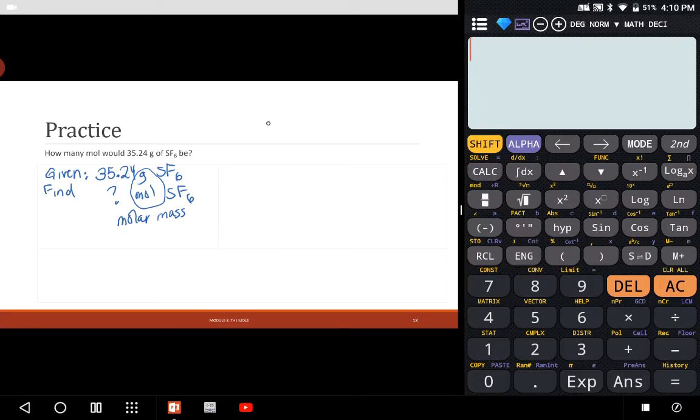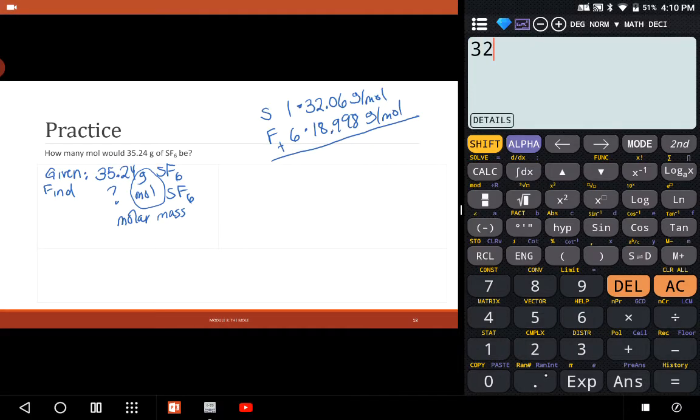And so that would be 1 sulfur at 32.06 grams per mole. And you need 6 fluorines, 18.998 grams per mole. And then you'll add those up together.